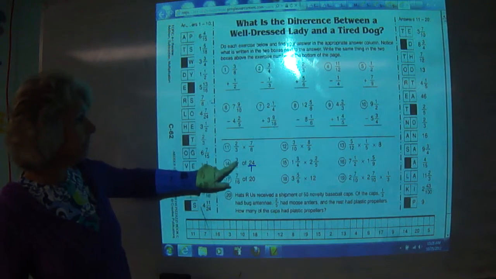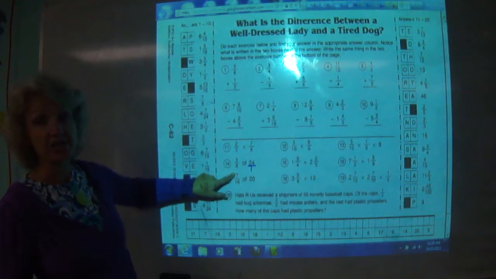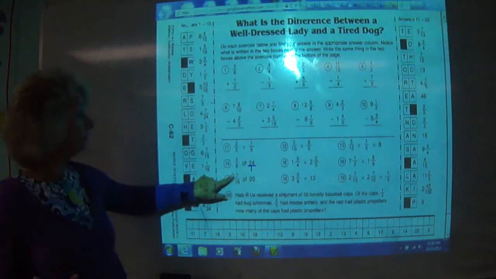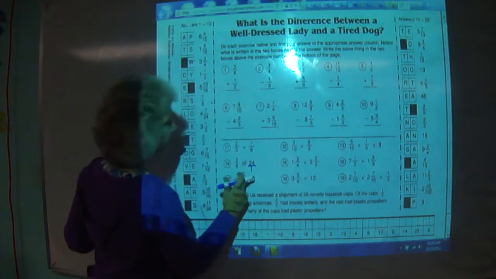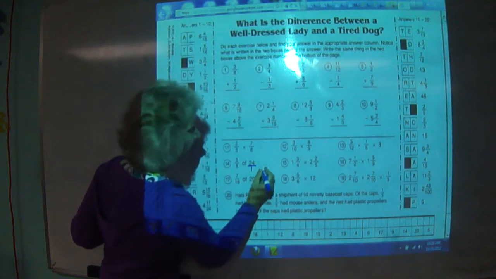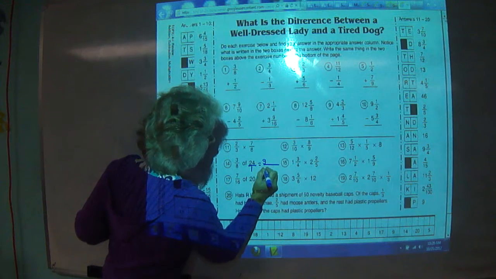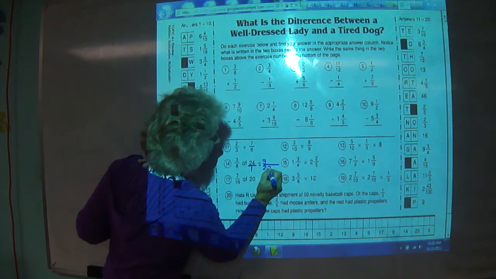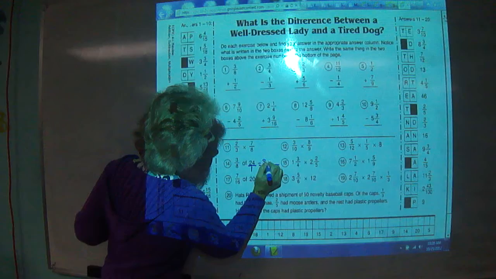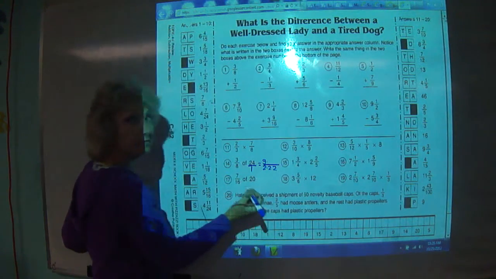So there's a couple ways you can do this, and I'm starting with the multiplication because we all know multiplication's easier. One of the ways I like to do it: 8 is 2 times 2 times 2, and 24 is 6 times 4, right?